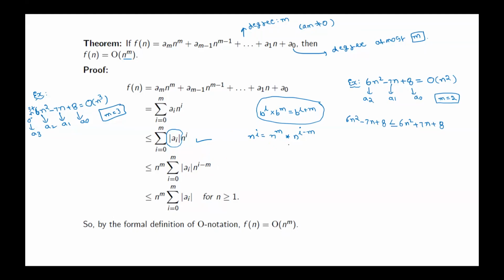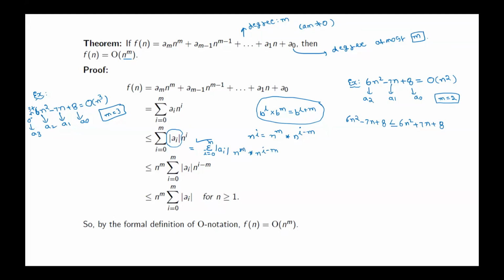After that, this n power m, is it independent of i? One more step. This is same as sigma i equal to 0 to m of mod a i, n power m into n power i minus m.